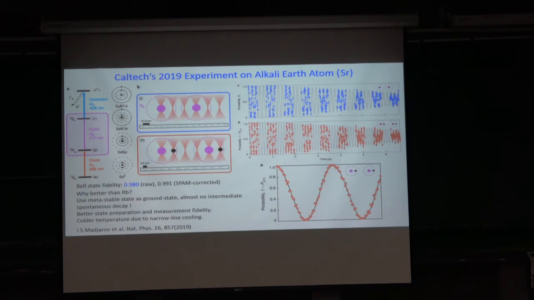So they have spin triplet and spin singlet states. The spin singlet state is a metastable state. They actually choose this as the ground state and excite it to the Rydberg state. And also, for alkaline earth atoms, you can use the narrow transition to laser cool to sub-recoil temperature, which is like 0.2 microkelvin. So just by those reasons, they can get an even higher fidelity.